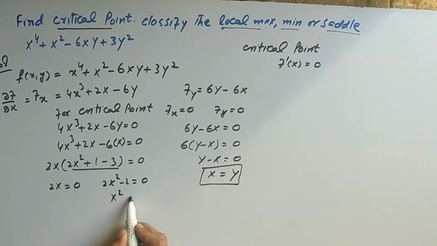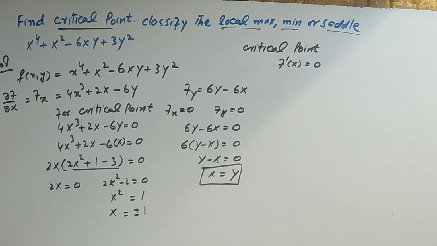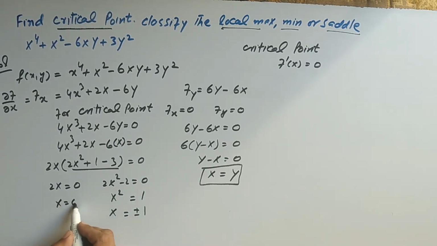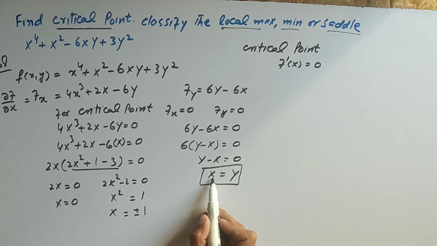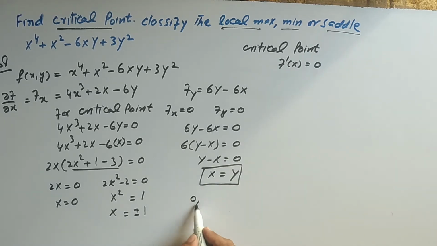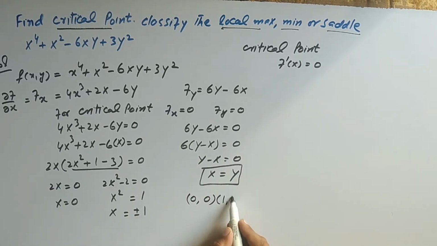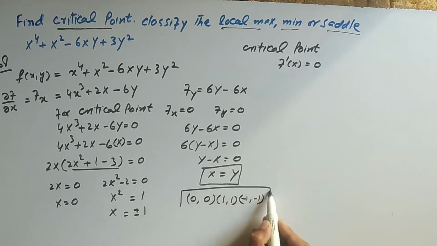So x^2 becomes 1, x will be plus or minus 1, or here x is equal to 0. If x is equal to 0, because x equals y, y is also 0. When x is positive 1, then y is also positive 1. When x is negative 1, y will also be negative 1. So these are our critical points.